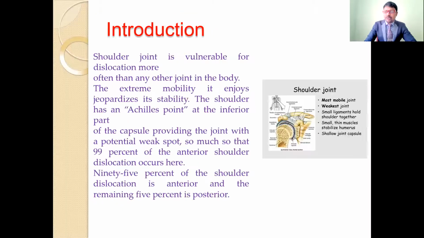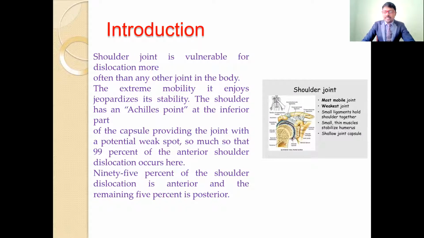So 95% are anterior dislocations, only 5% are posterior dislocations, and inferior dislocations are very rare, less than 1%.